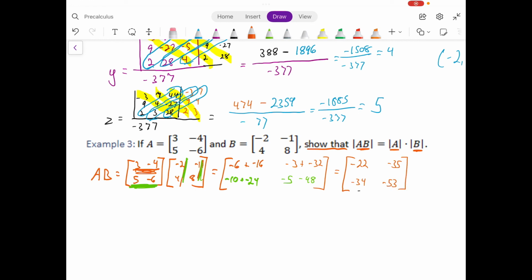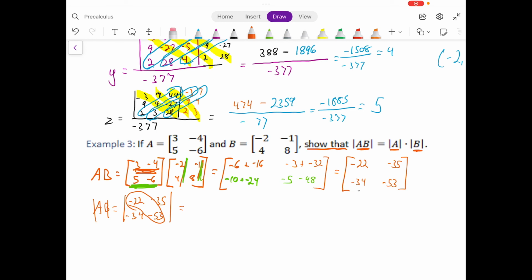And so now we want to do the determinant of A times B. So that's the determinant of negative 22, negative 35, negative 34, and negative 53. So that's the 22 times 53.